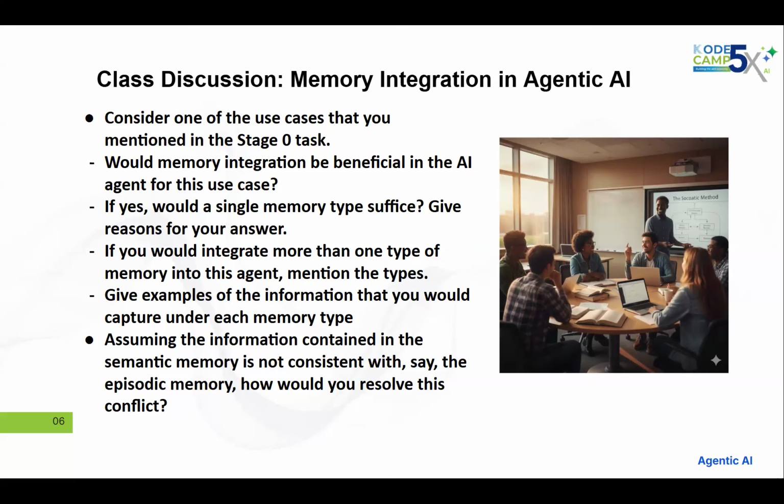Since you said you will only use semantic memory, tell us the kind of information you capture in semantic memory for that use case. Okay. So it will mostly be about, since the use case is researching competitors and markets for product ideas, this is basically for product managers, especially PMs that are building applications.